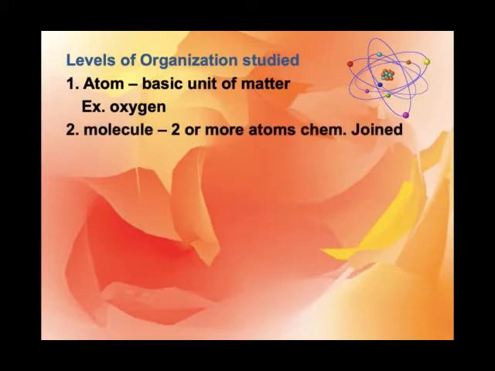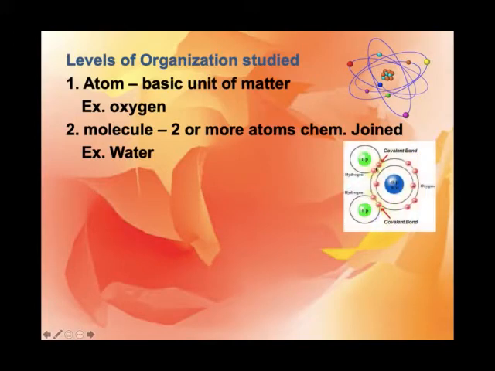The next level of organization is the molecular level, and I want to remind you that a molecule is two or more atoms that are chemically joined. They're not just sitting in the same container together, they actually have to be joined together. A molecule that pretty much everybody knows is water. The formula for water is H2O. When you look at this little representation of a molecule of water, you see one oxygen, that's this blue centered thing here, and then two hydrogen, and they're sharing these electrons.